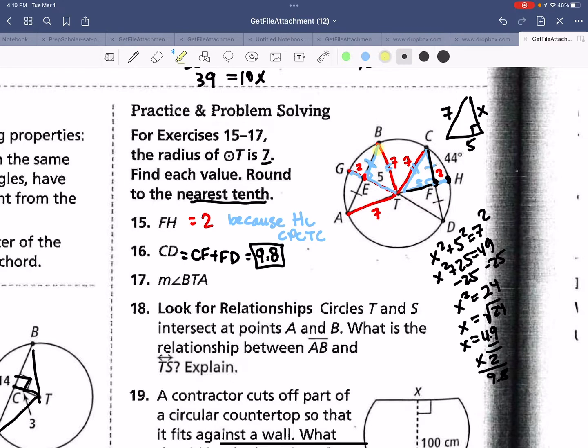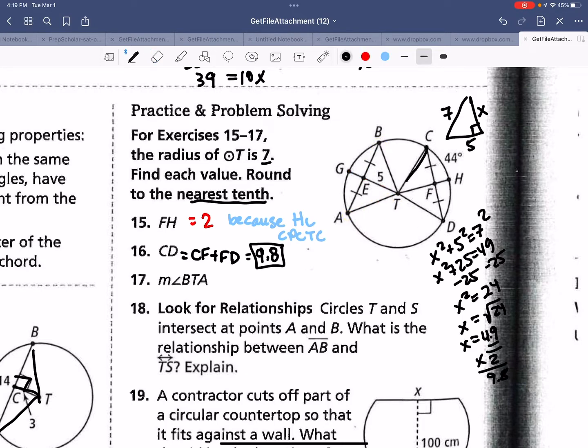All right, what's my angle BTA? What do we got going on here? I got to clear out some of this stuff to be able to see. I can't see. There's too much going on.